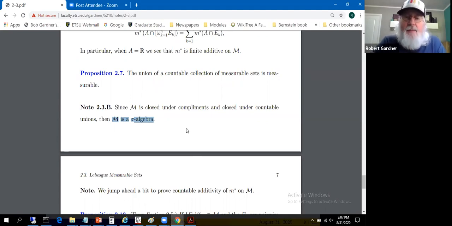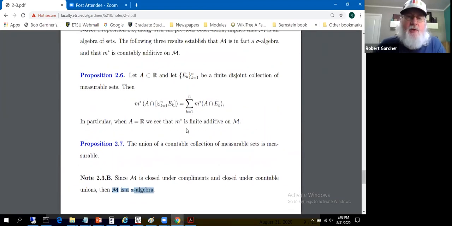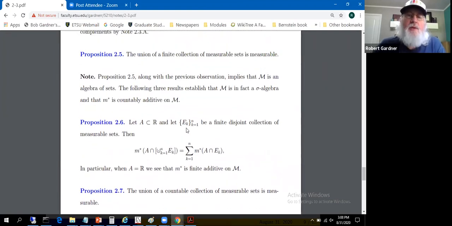Okay, so let me rehash this again to show you we're doing the same thing over again. Just as in proposition 2.5, we showed that a union of a finite collection of measurable sets is measurable, but we didn't address their measure. We did in proposition 2.6 when we showed, ultimately, finite additivity.